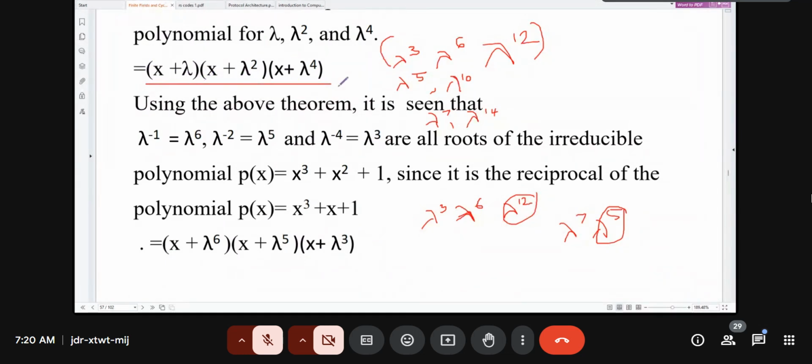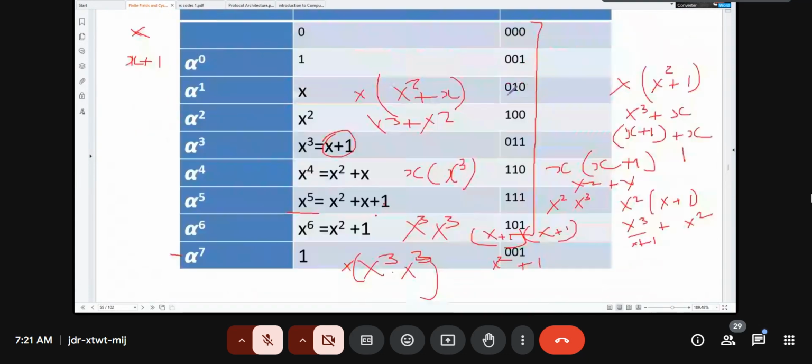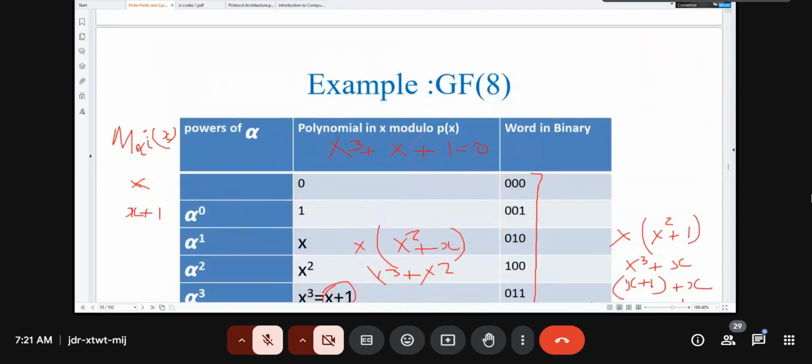And as I said, these minimal polynomials turn out to be actually the prime polynomial with which you generate these field elements. Is this one, yeah? In this case, it happens also to be the, what do you call it?